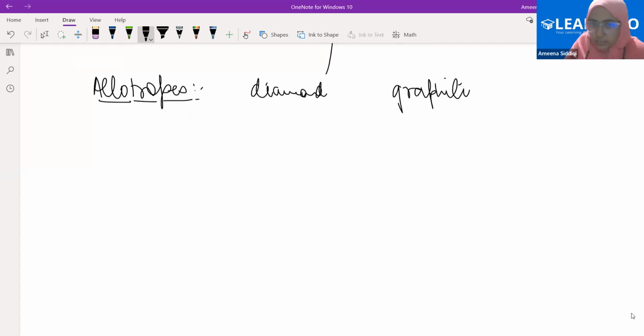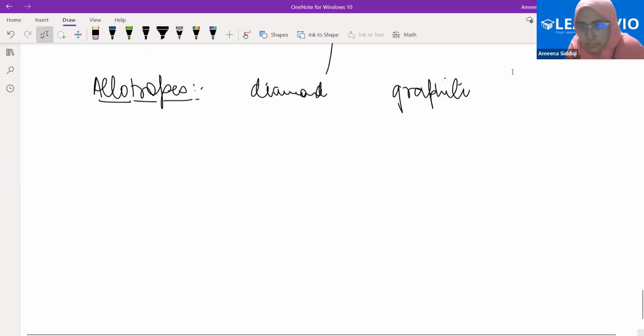Diamond and graphite are allotropes of carbon. In both cases carbon is present, but with different bonding and a different number of carbon atoms, therefore they are called allotropes of carbon. There is one more allotrope of carbon, fullerenes, not fluorine, beta. That is not in your syllabus. We just have two allotropes of carbon in your syllabus, diamond and graphite. Is it clear? Yes, ma'am.